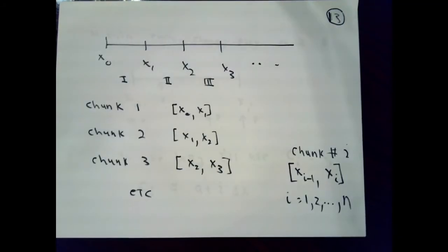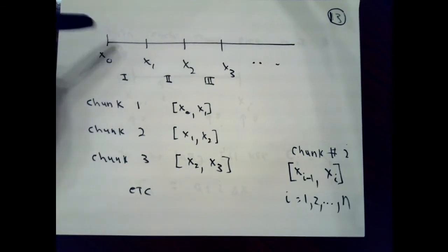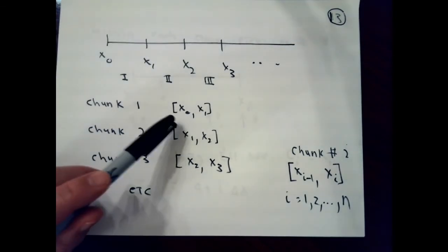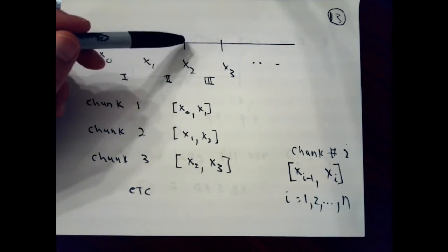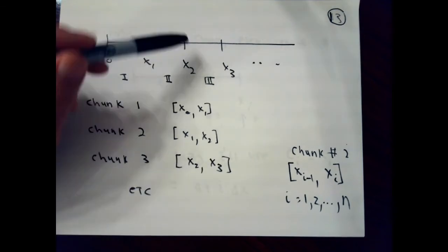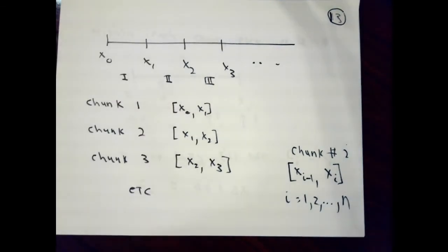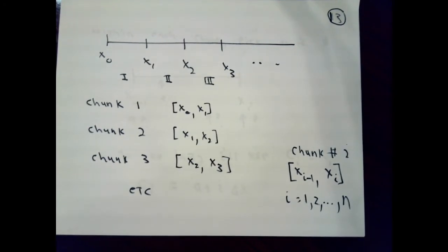Also, the first subinterval starts at x0 and ends at x1. The second subinterval starts at x1 and ends at x2. The third one starts at x2 and ends at x3, and so on. If I pick an index i from 1 to n, having n subintervals, subinterval number i, chunk number i, it ends at xi, and it started at the previous of the x numbers.